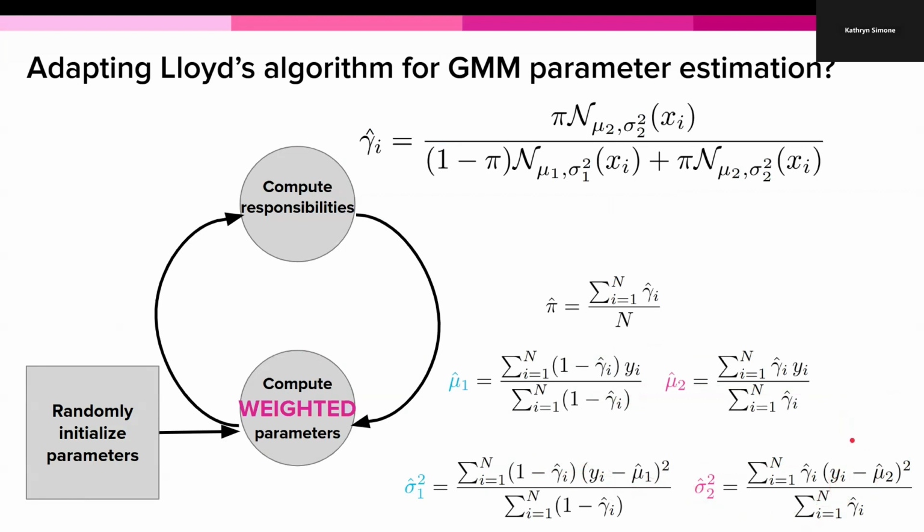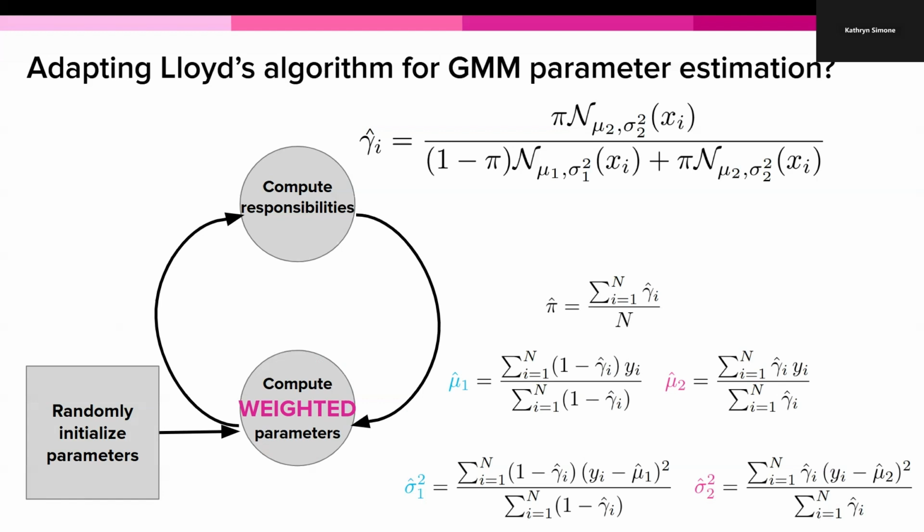This approach ensures that points far away from a mode's mean, if they have low responsibility, don't influence the estimates as much. A point that's far away from the mean is unlikely to have come from that mode. And so we don't want that point to contribute to the parameter estimates for that mode because it's unlikely to have come from it.